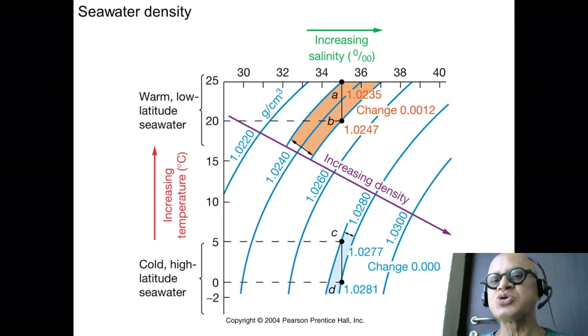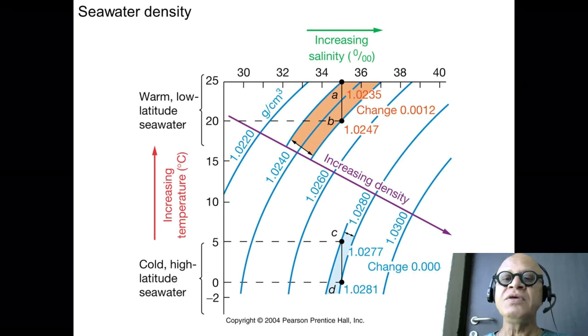In warm temperatures, the density goes from 1.0235 to 1.0247, so the change of 0.0012, whereas at cold temperatures, the same 5-degree change is only giving you 0.0004 in density change, right? So the non-linearity, these lines of constant density based on temperature and salinity, are not linear, they are curved.